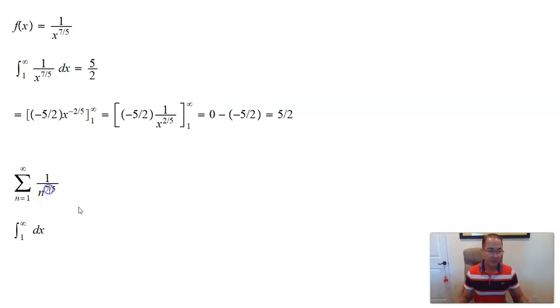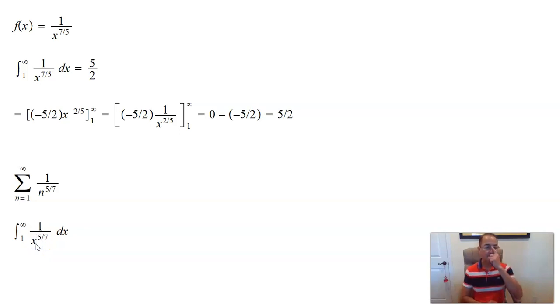So let's take a look at a related infinite series. We're going to flip that fraction. Instead of 7/5, we're going to do 5 over 7. Okay, so now we have n to the negative 5 over 7. We want the improper integral from 1 to infinity of 1 over x to the 5 over 7.